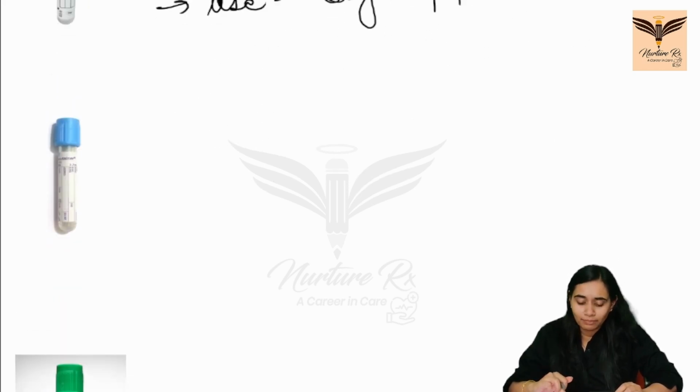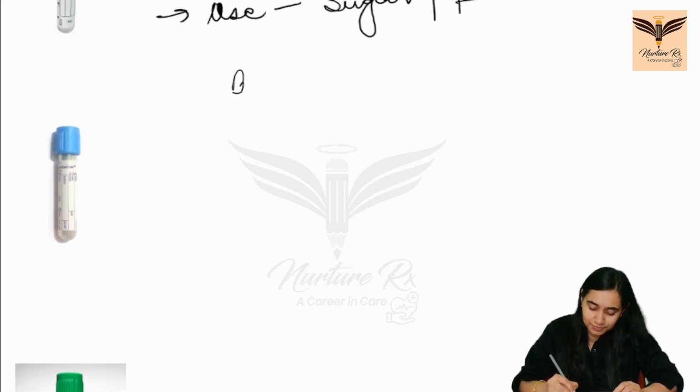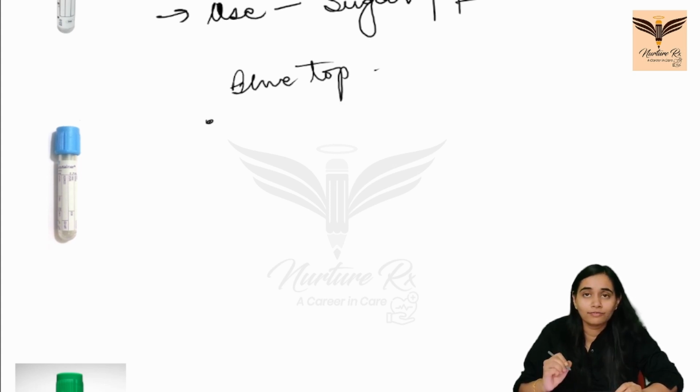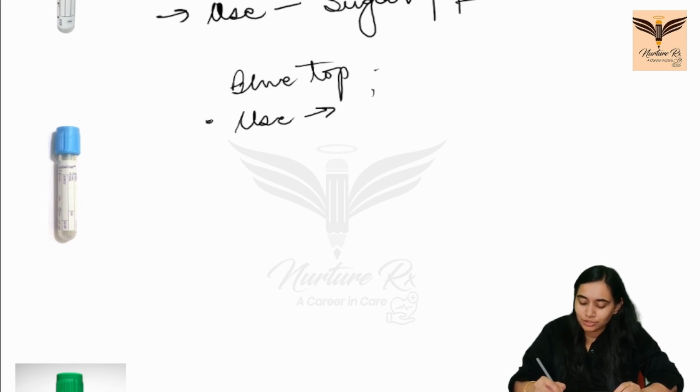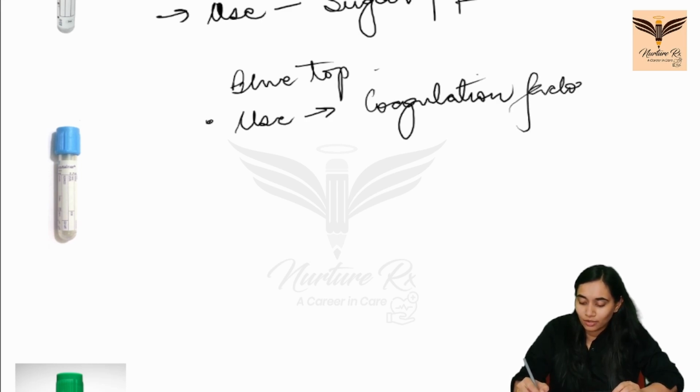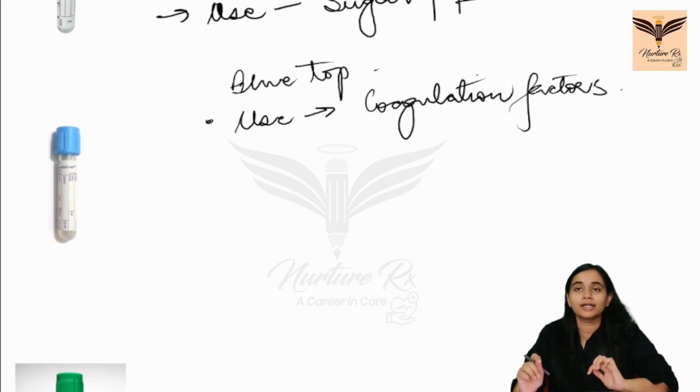This is a blue top tube. We have come across this tube also very often. What is important for this? I'll first tell you the use. It is used for assessing coagulation factors. All the coagulation studies are to be done in this tube.